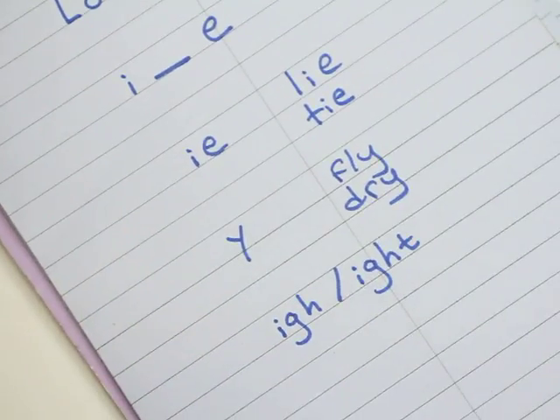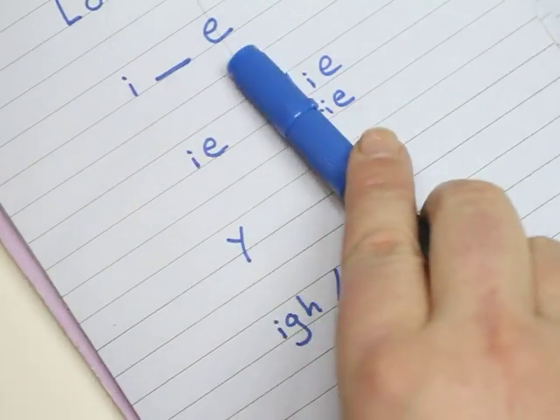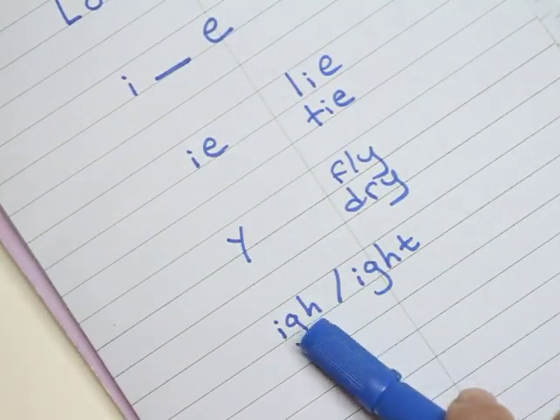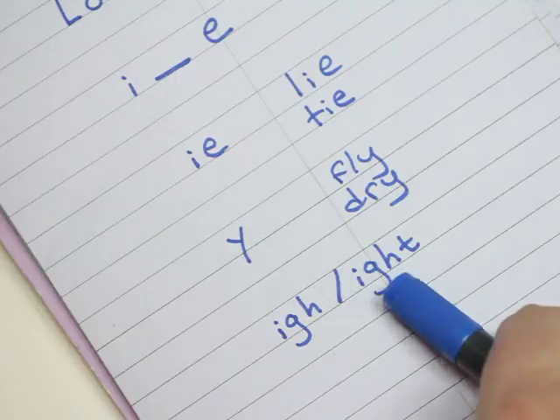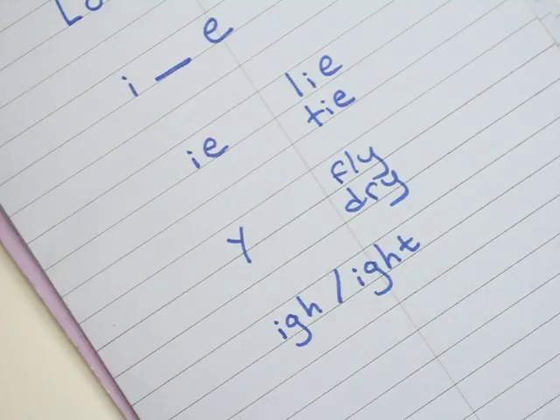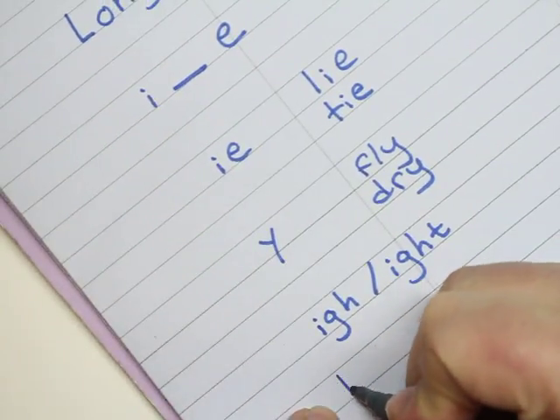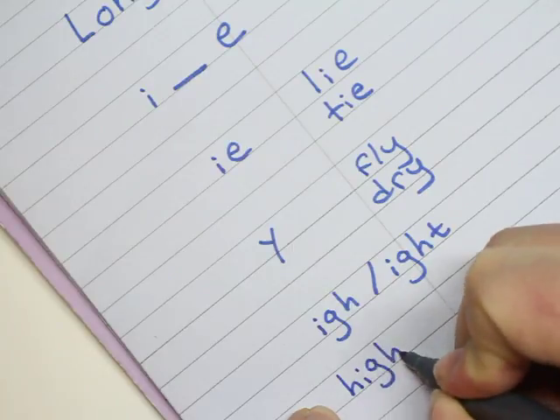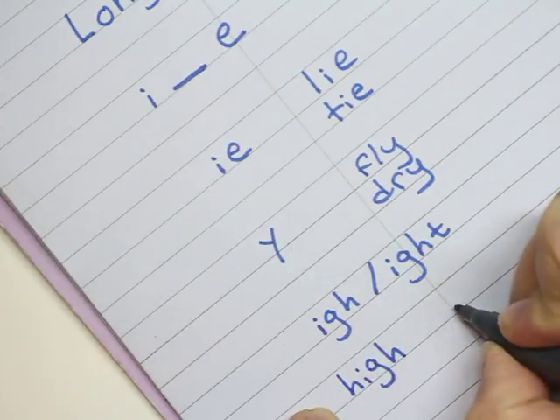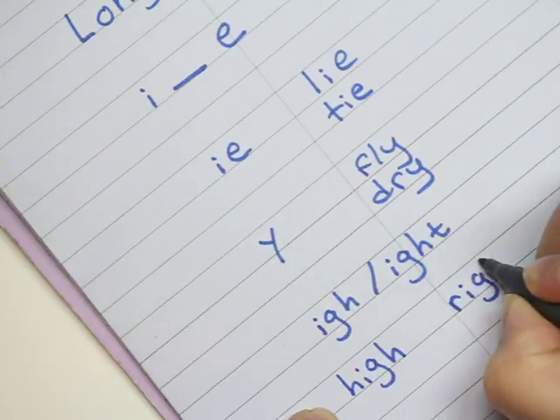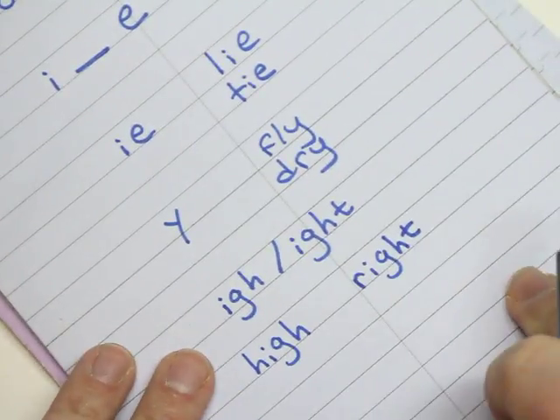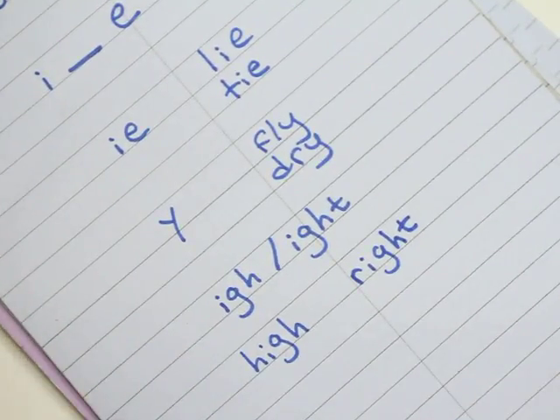Not yet, not in the beginning anyway. It's very hard, but some of the words are high, H-I-G-H, and then of course we have right, R-I-G-H-T. Not easy for them to really understand and differentiate, but again, just as a quick reference for you guys.